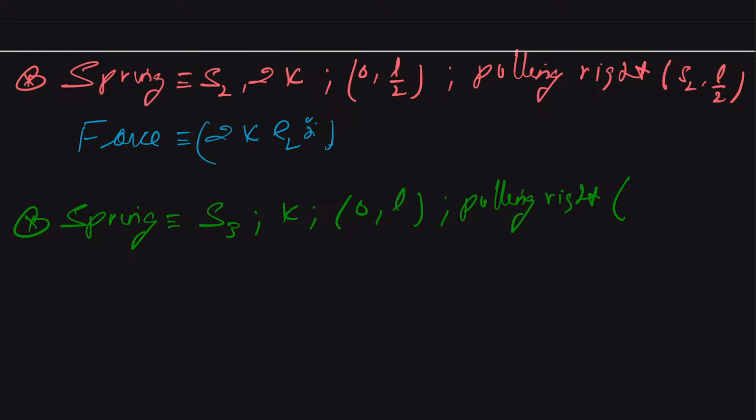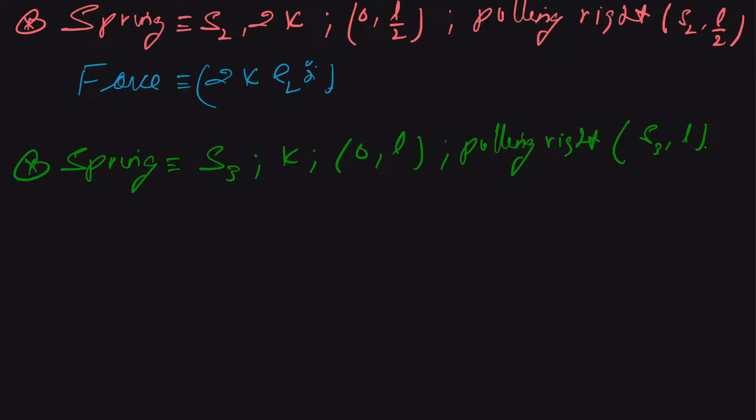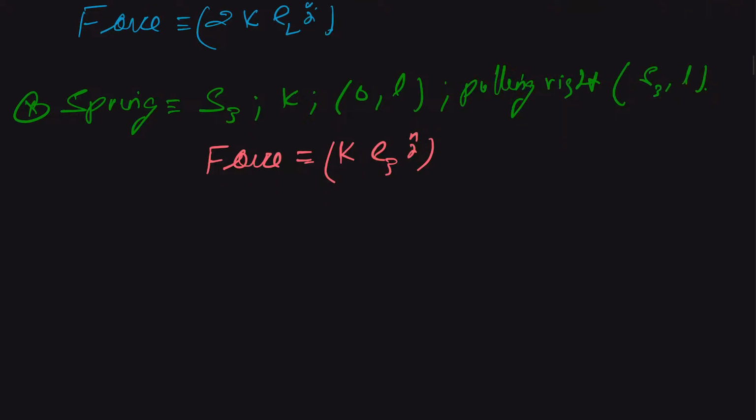And this is our S3, L. And similarly, we can write its force. Force will be equal to K E3 and x unit vector. Now we come to our final spring, that is our S4.